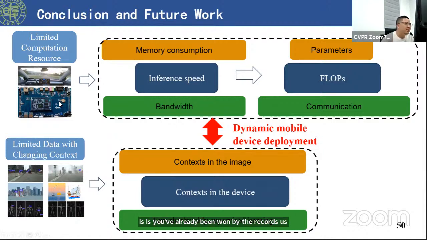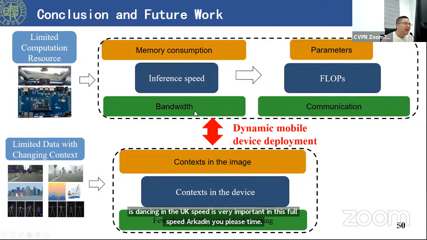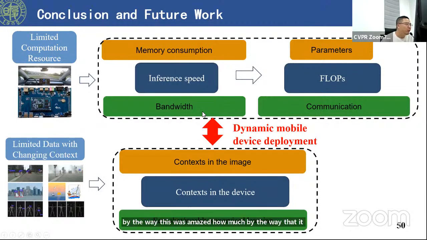In fact, bandwidth is very important. You know, memory consumption and inference speed are very important to speed up the inference time. But bandwidth means how much bandwidth it will consume to move the data or to move the parameters from the RAM to the processor or from the cache to the processor. If it consumes a lot of bandwidth, then your model efficiency will be quite low.